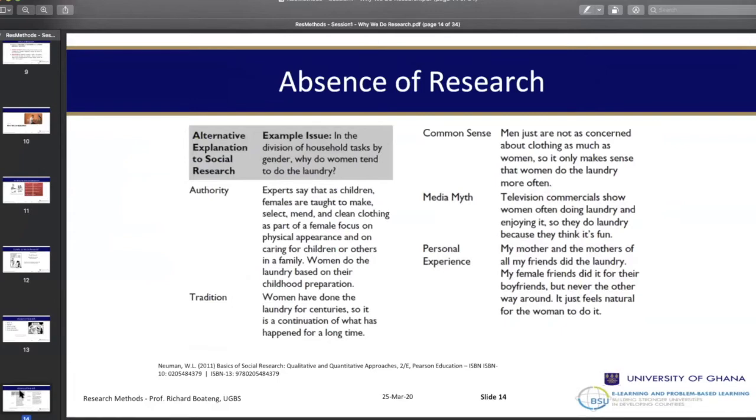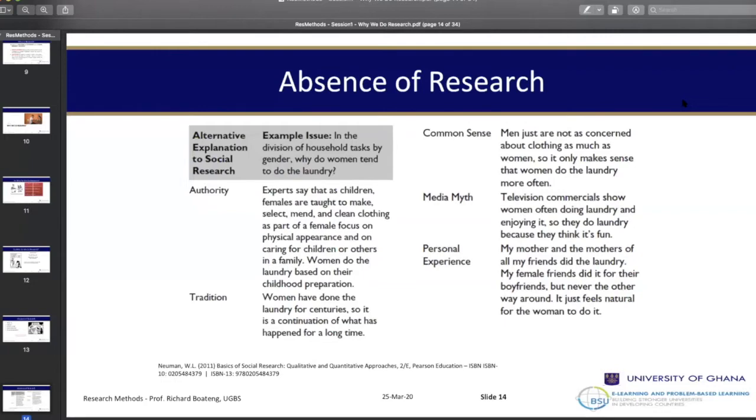My female friends do it for their boyfriends or their husbands, so it may just feel right for women to do the laundry. If I ask Sina or Sabach or Sandra, they may say that even the TV adverts you have been watching, the soap advert, always show women doing the laundry. Then if I ask a man like Gideon or even Sam or even Philip, they may say that men are just not so much concerned about clothing.